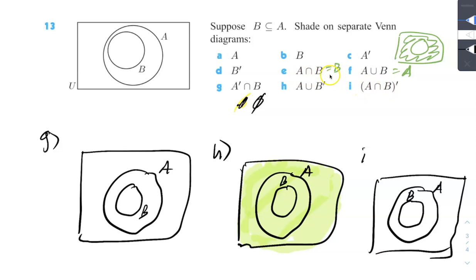Intersection of A and B just happened to be B. So this is my intersection. Again, it changes depending on what the picture of the Venn diagrams are, but in this case, it just happens to be B. I want not that. So I want everything that's not that. So I want everything outside of B essentially. So it'd be everything like this, not including B. There we go. That's the lesson.